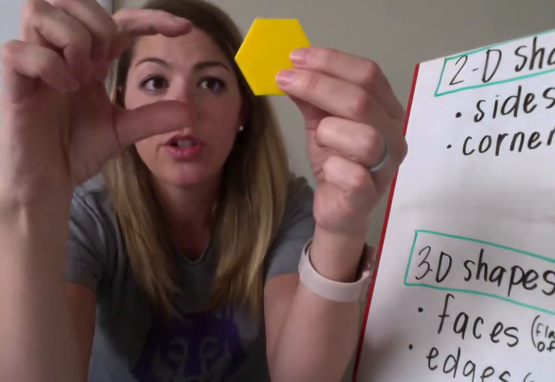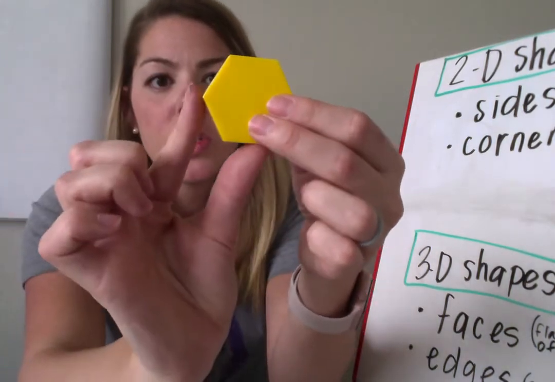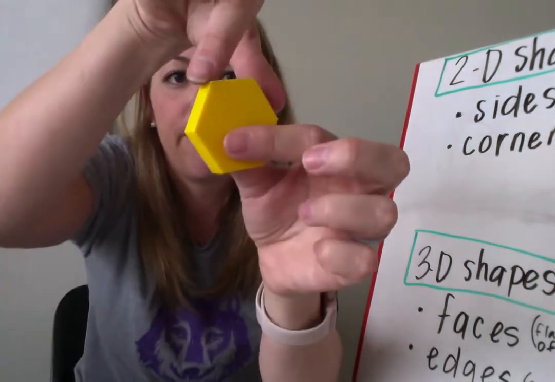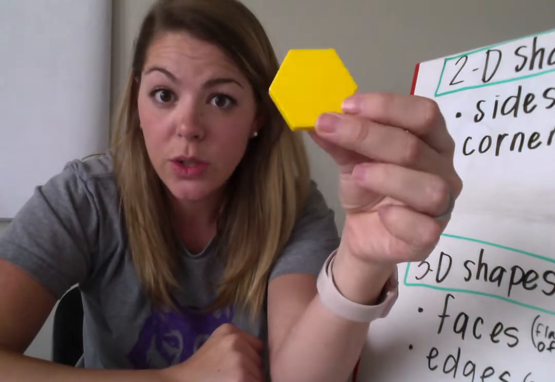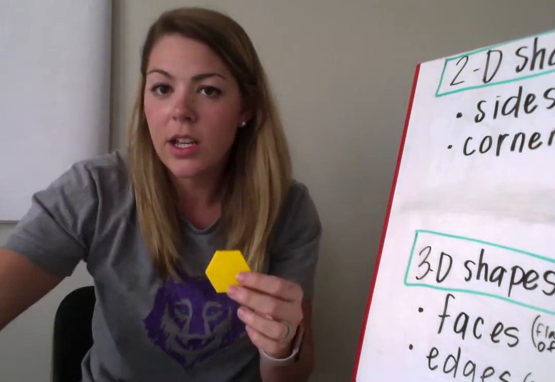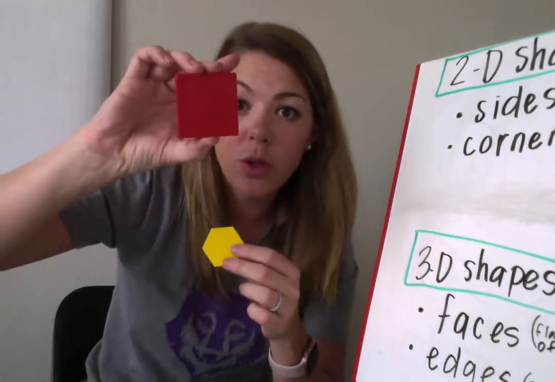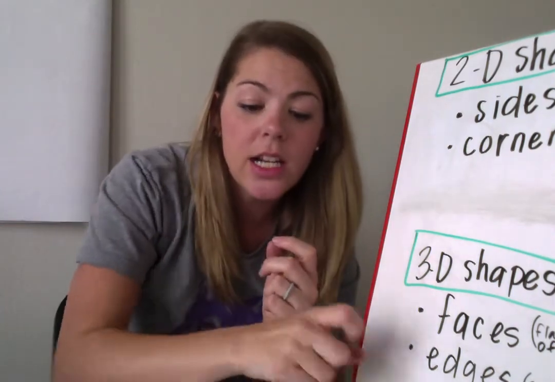That is your corner. So two sides come together and make a point. 1, 2, 3, 4, 5, 6. 6 sides, 6 corners. This is a hexagon. So we have 3 sides, 3 corners triangle, 4 sides, 4 corners square, 6 sides, 6 corners hexagon.